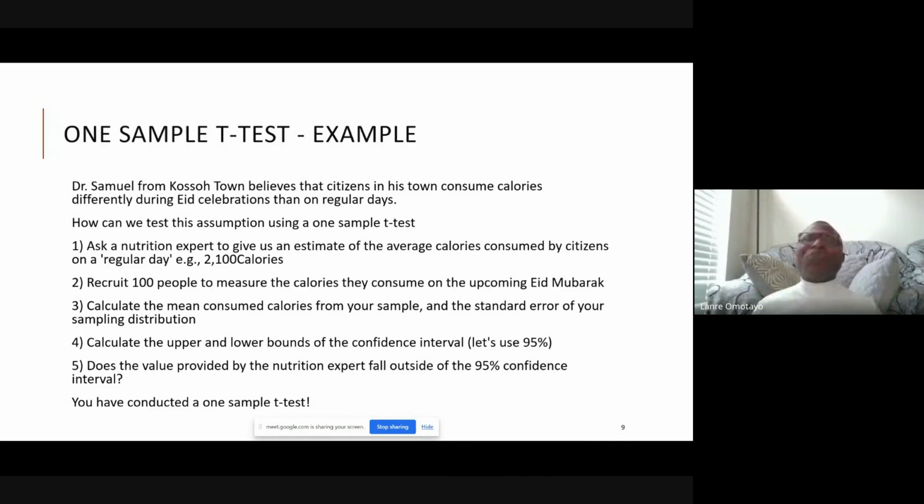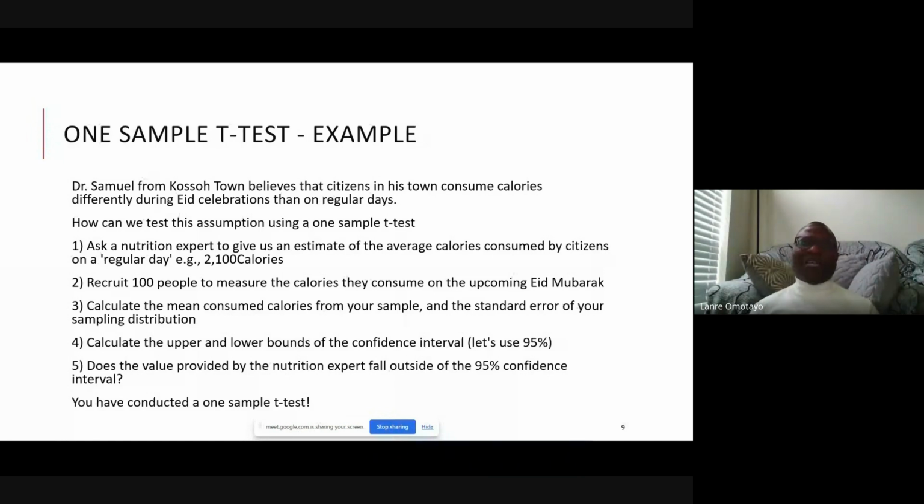So the question we are trying to answer is, on each day, do people go beyond this 2,100 that is ideal? So 2,100 is an ideal, whether an empirical ideal or a scientific ideal or some other kind of ideal.